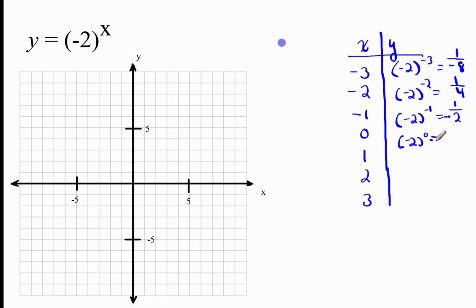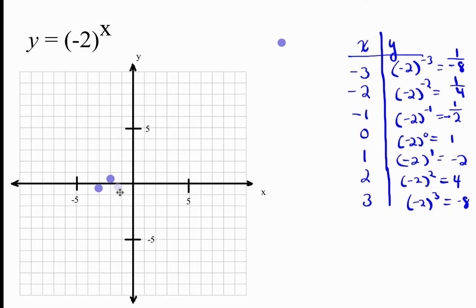-2 to the 0, anything is 1. -2 to the first is -2. -2 squared is 4, and -2 to the third is -8. Now watch what happens when I go to graph these points. All right, when I'm at -3, I'm down here at -1/8. When I'm at -2, I'm up here at 1/4, roughly.